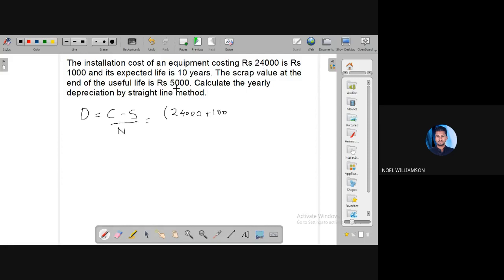Repair cost is not given. So this is the value of C, minus scrap value, that is 5,000, divided by useful life or the estimated life, that is N, 10 years. So you will get the value 2,000.